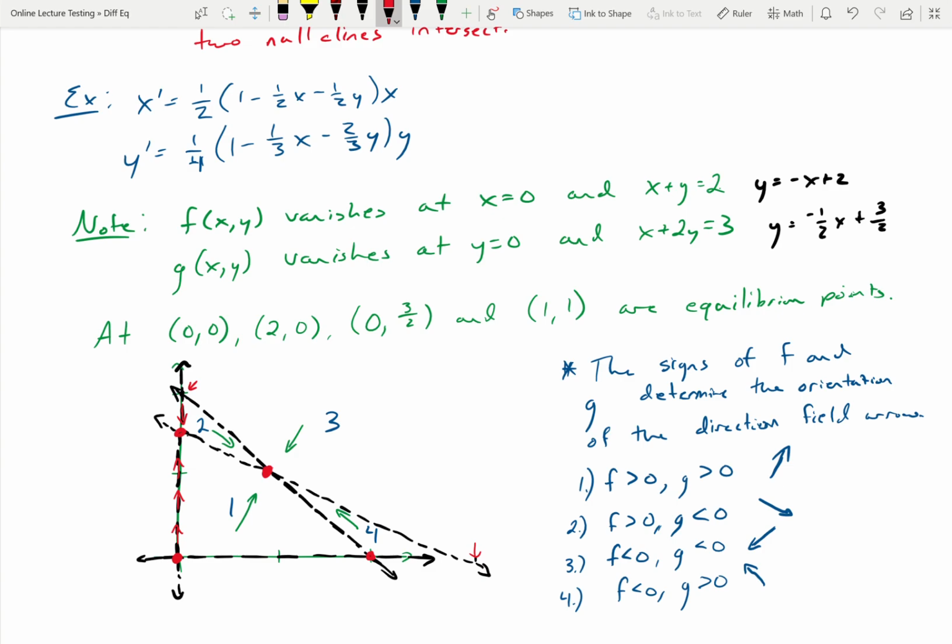On y is equal to 0, G is equal to 0, but F is not. So these are going to be pointing to the right if they're positive, and to the left if they're negative.